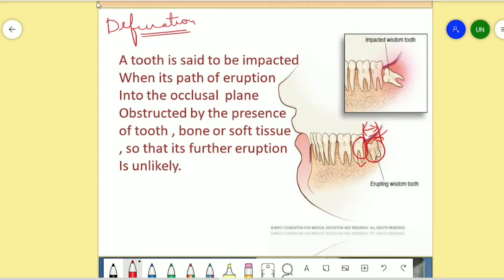This is the second molar, this is the third molar. If the path of eruption of the third molar is obstructed by any tissue, bone or the adjacent teeth, then it is known as an impacted tooth.